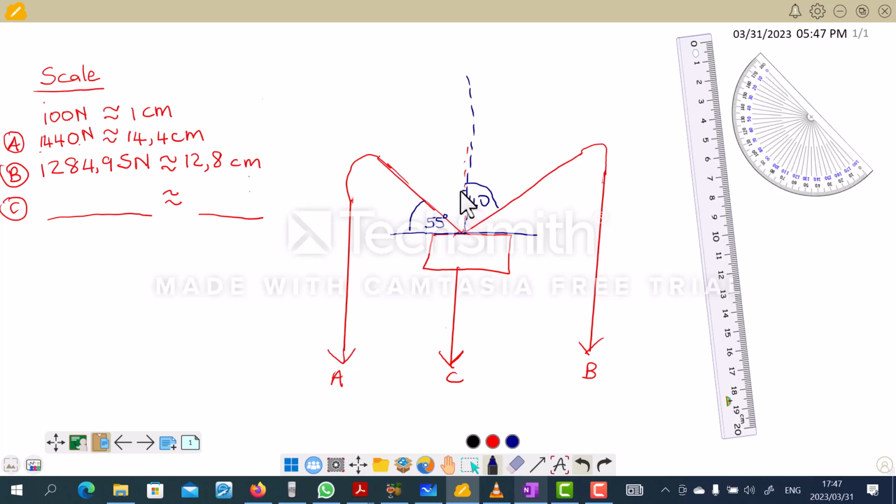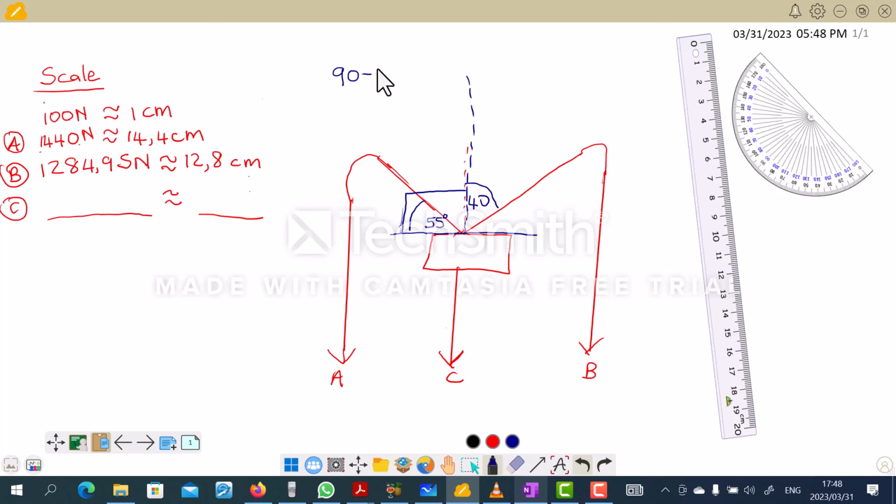So 55 is an angle that is in the perpendicular angle from the normal. From the normal to this point, there's 90 degrees. This is a 90-degree angle. But 55 is an angle within this perpendicular angle. So if 55 is an angle in the perpendicular angle, what would be the other angle next to 55?